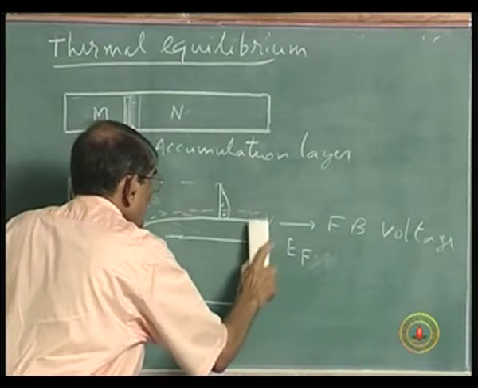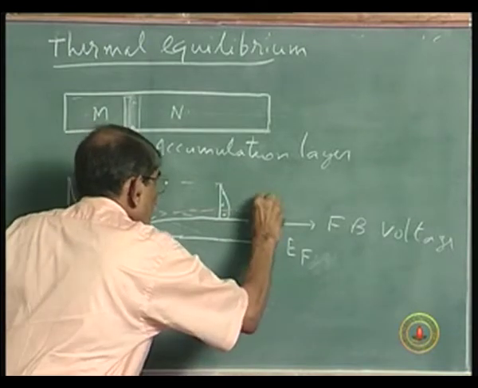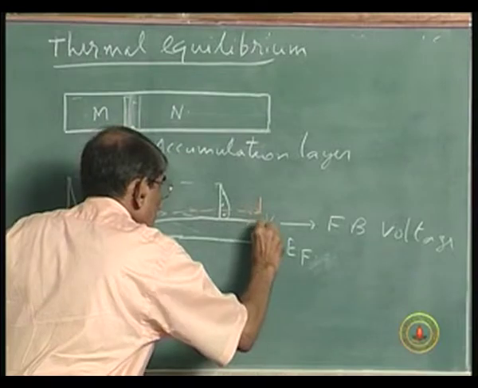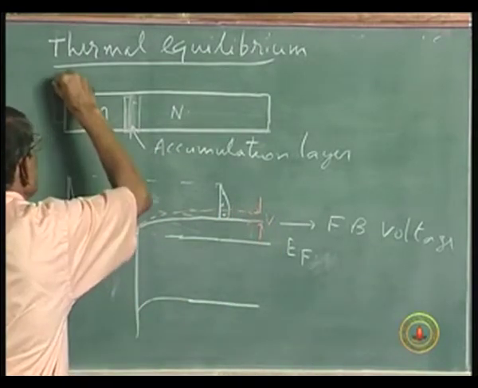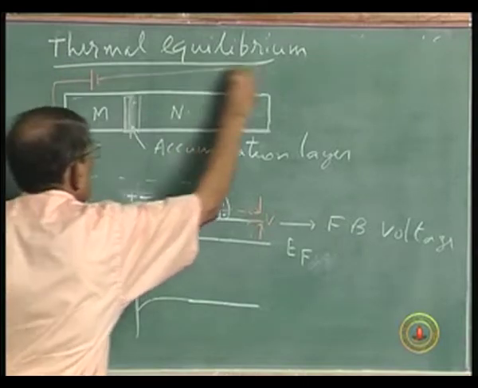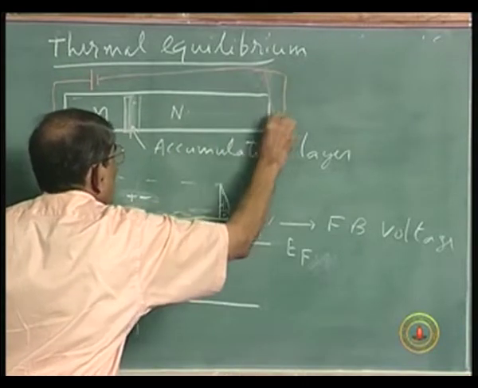Let me just put it down a little bit away. That is the forward bias voltage V by which it has gone up. Let me put it here itself. V.